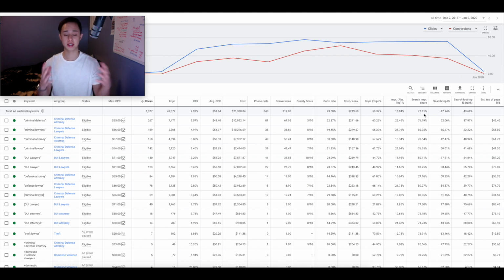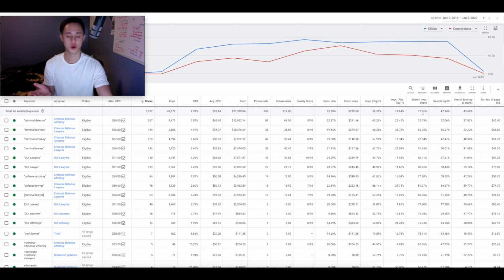That just means that anytime someone is searching for services similar to my client's, 78% of the time our ad is showing up. Now maybe you are in a niche where the search volume isn't really high. If it's a low search volume, then you want to make sure that you're getting a good amount of search impression share in order for your ads to be shown, and that way you can get clicks.